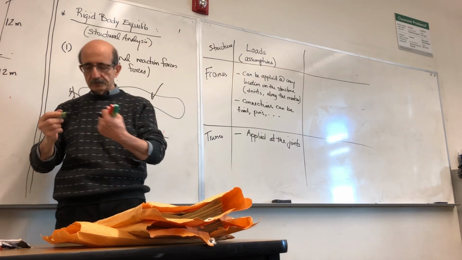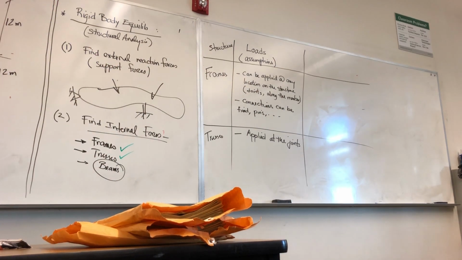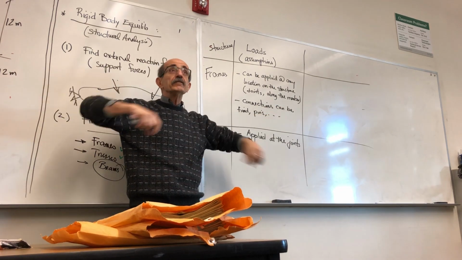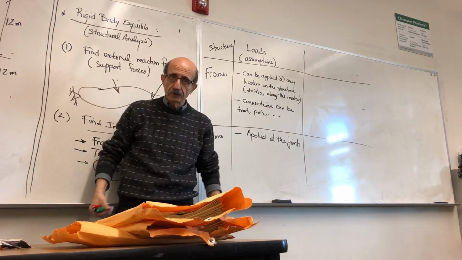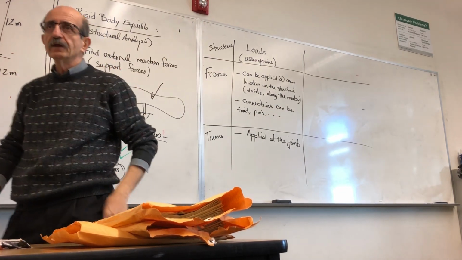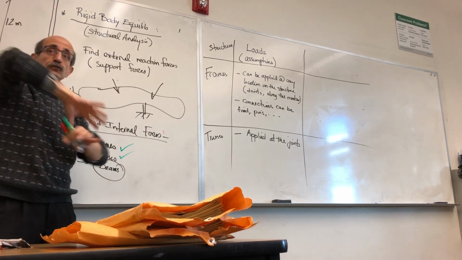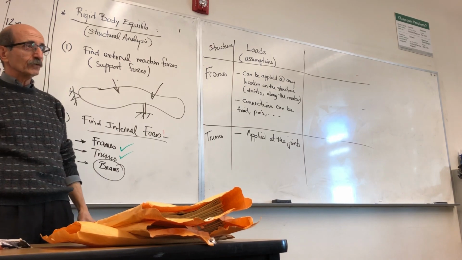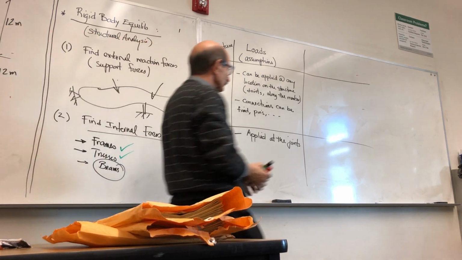You do not allow, or you do not design, trusses to carry loads along a member. Even if you have, say, a roof truss. You've seen roof trusses, right? A roof may be subjected to a distributed load, snow load. Not that you have snow in California, but other parts of the country.